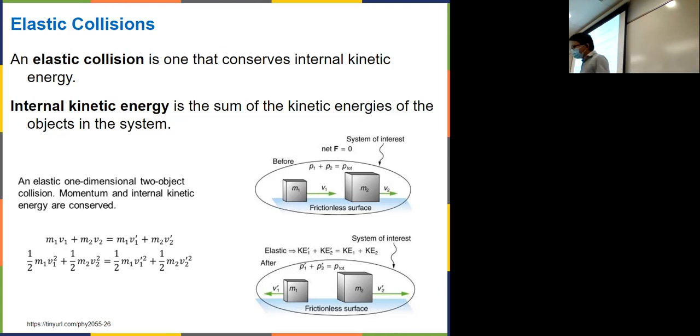Also, because it's an elastic collision, you can apply conservation of kinetic energy. So kinetic energy 1 plus kinetic energy 2 initial should equal kinetic energy 1 final plus kinetic energy 2 final. We use prime to denote the final status.